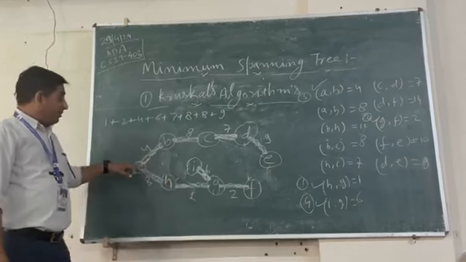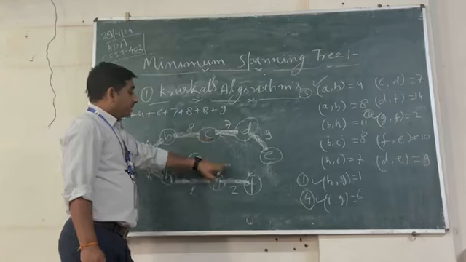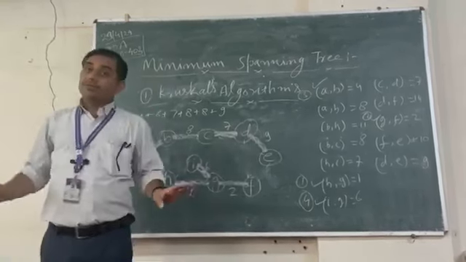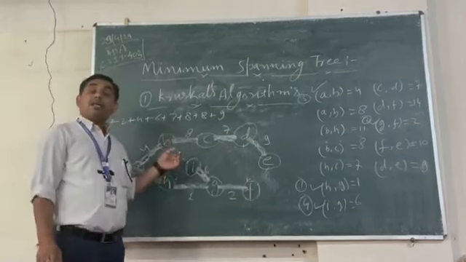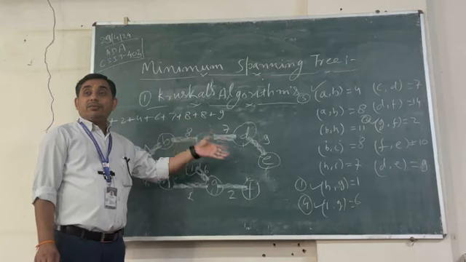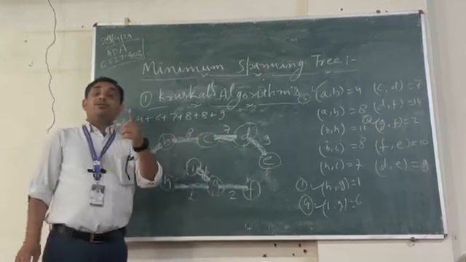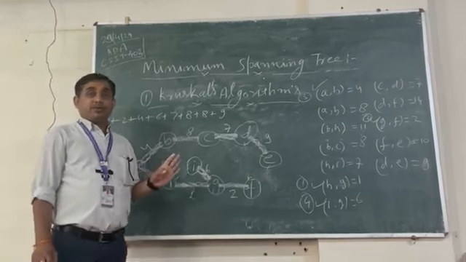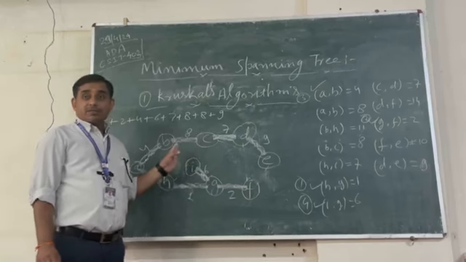Clear? 1, 2, 3, 4, 5, 6, 7, 8 and 9. 9 vertices. So the method fits, and this is another method through which we can find the minimum spanning tree. But only a single solution is possible by applying this method.